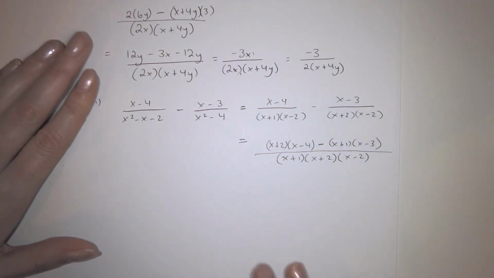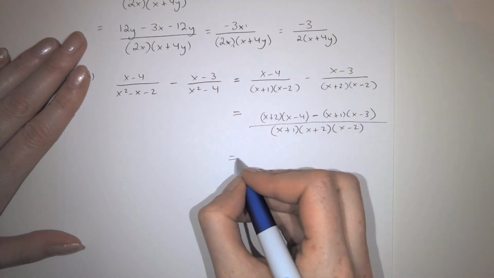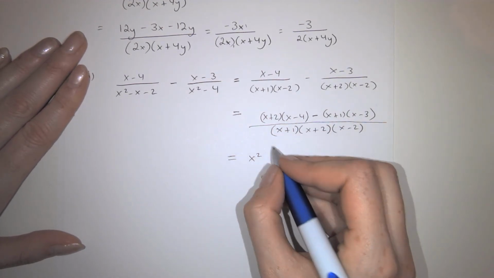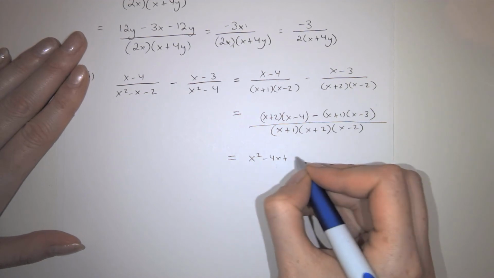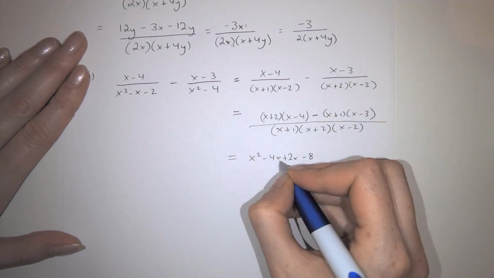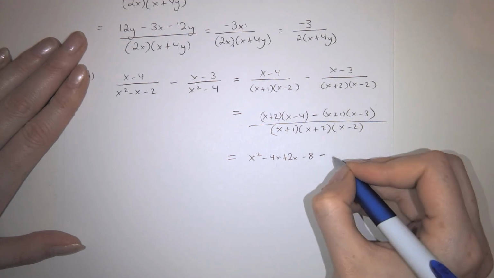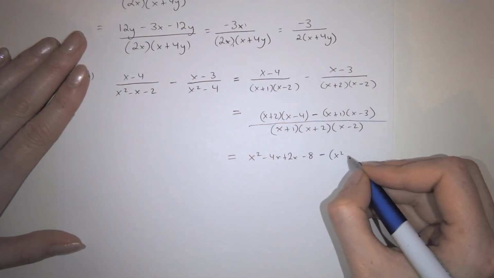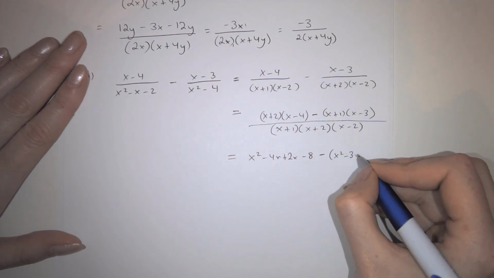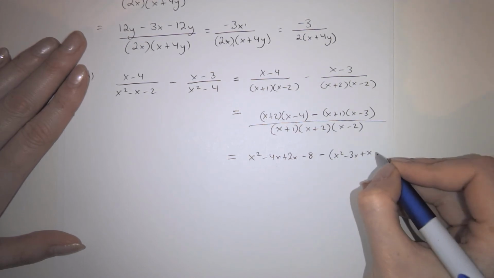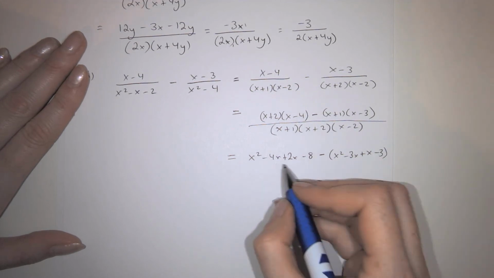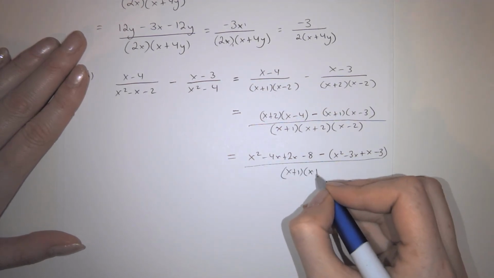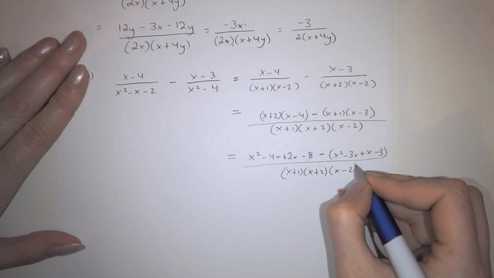Minus, this bottom line goes into here (x + 1) times, and you multiply by what you have on top. Just be careful multiplying out, and you're left with x² - 4x + 2x - 8. And then just watch the minus there. We'll just use a bracket to be sure. Minus (x² - 3x + x - 3), all over the bottom line (x + 1)(x + 2)(x - 2).